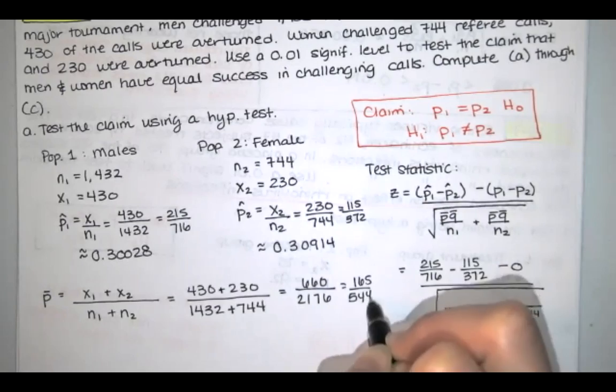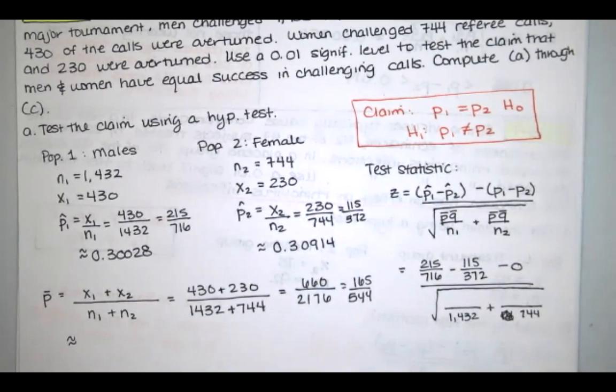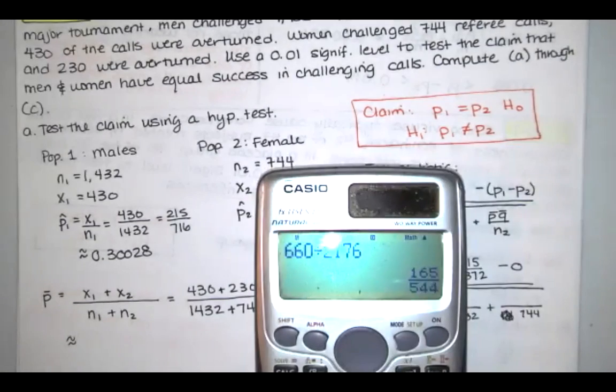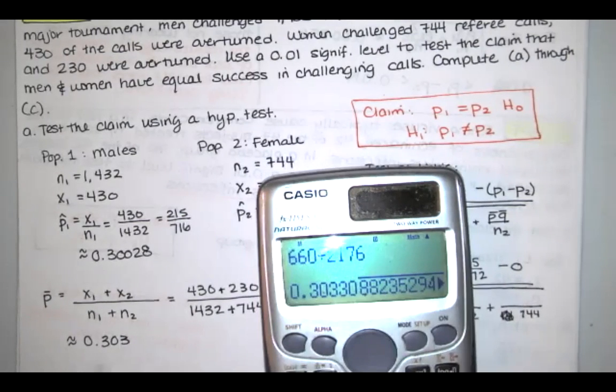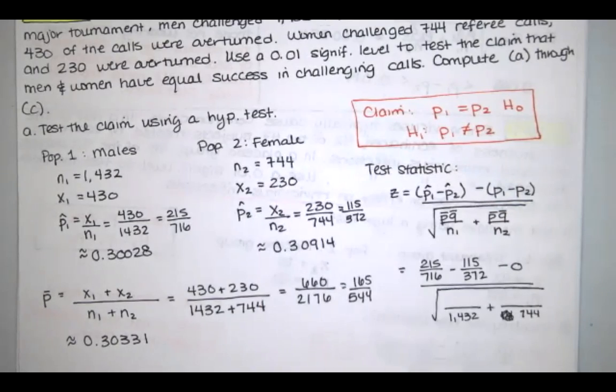And if we want a decimal approximation of that, or even a simplified fraction, I'm using my calculator over here. I've got that as my simplified fraction, 165 over 544. And the decimal approximation of that is approximately 0.30331 out to 5 decimal places.